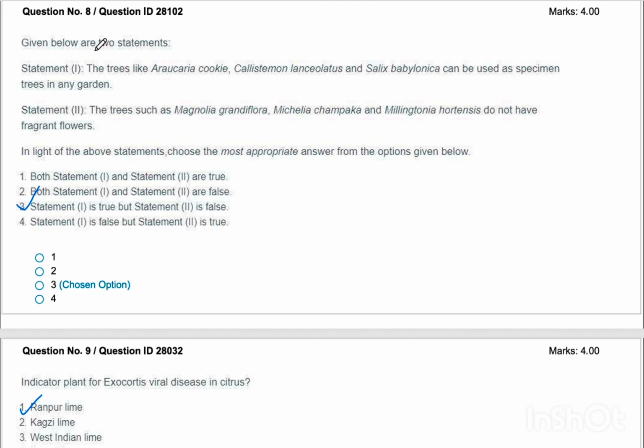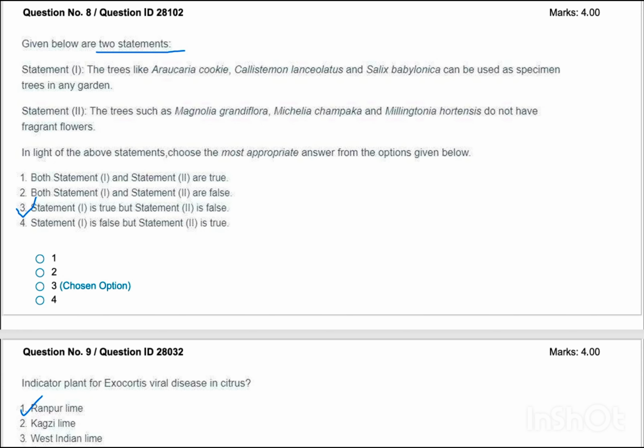Now coming to the next question, question number 8. It is a statement question. It is also a time consuming question. So first you have to read both the statements. Statement 1: the trees like Araucaria cookii, Callistemon lanceolatus and Salix babylonica can be used as a specimen tree in any garden.